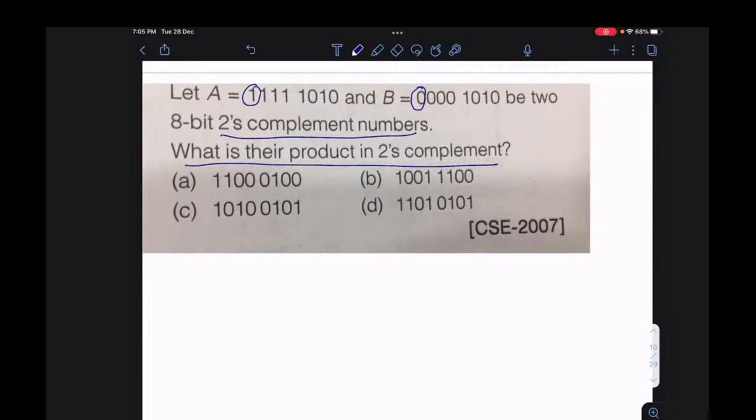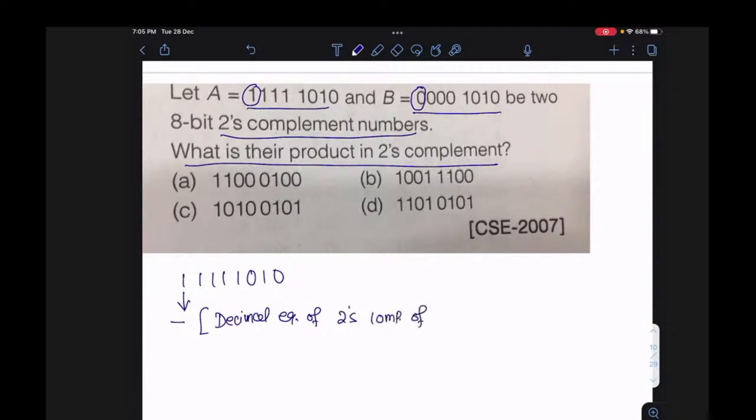So the approach to solve this problem is, we'll be finding the decimal equivalent of these numbers. We'll be multiplying them, and whatever answer I get in decimal form, I'll again represent in 2's complement form. So for A, which is in 2's complement form, I'll be getting a negative sign, then the decimal equivalent of the 2's complement of the same.